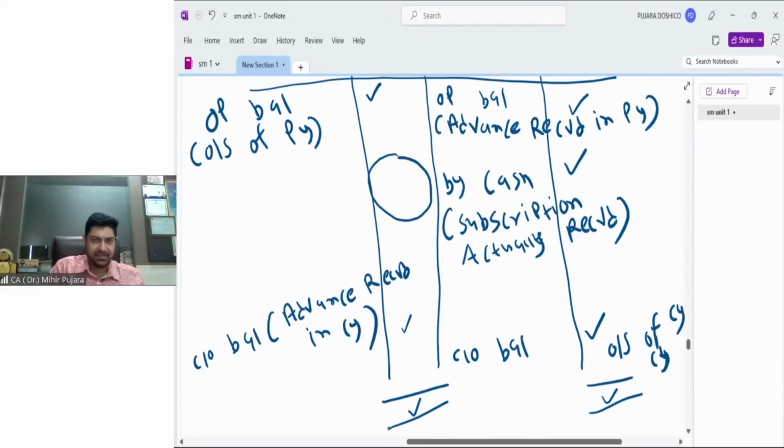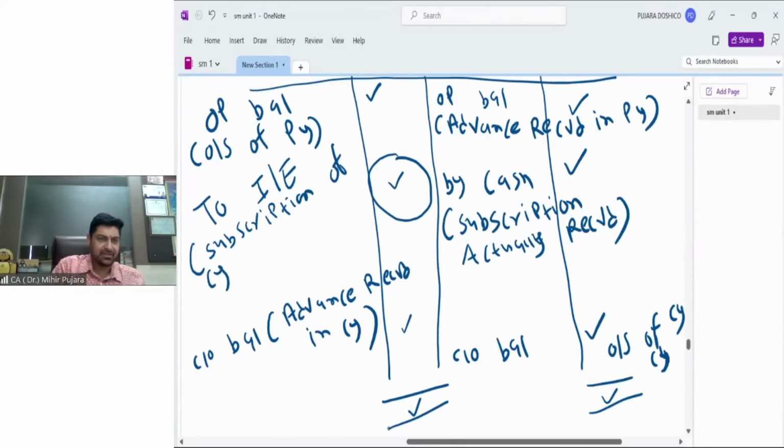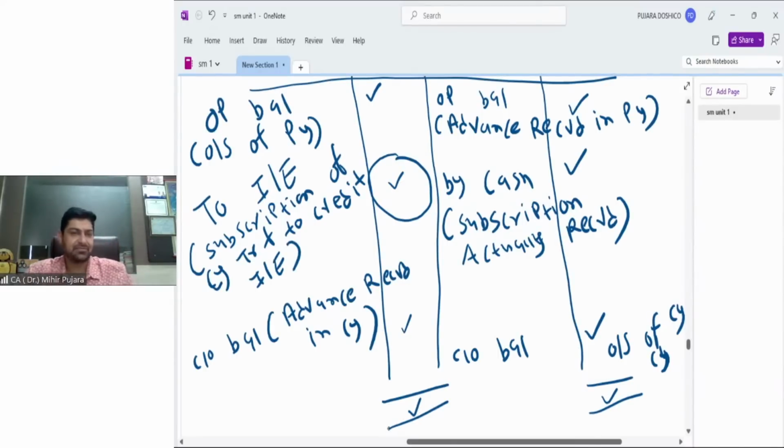Here it will be the balancing figure to INE. Subscription of current year transferred to credit side of INE.